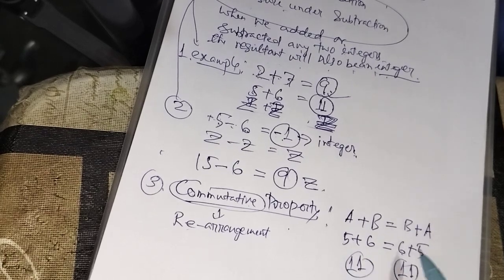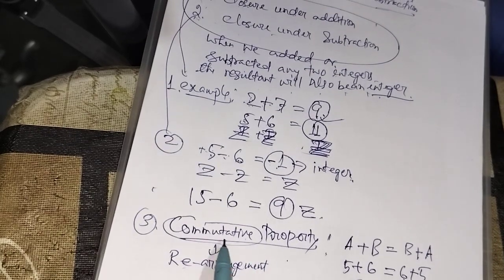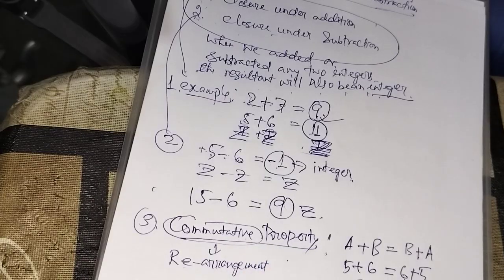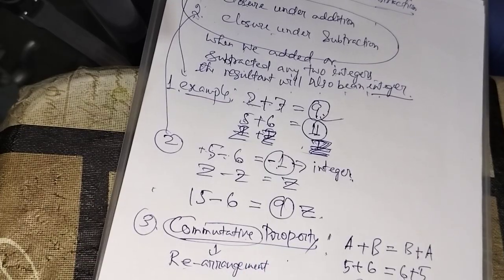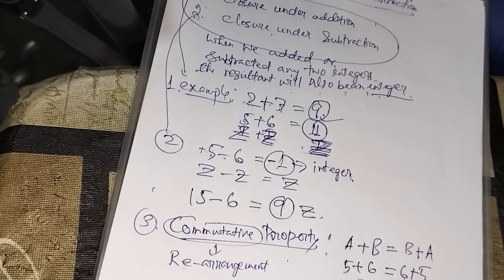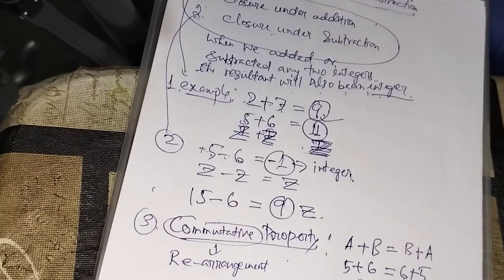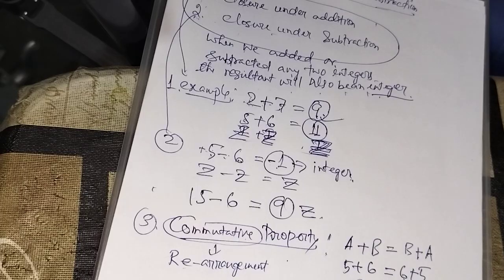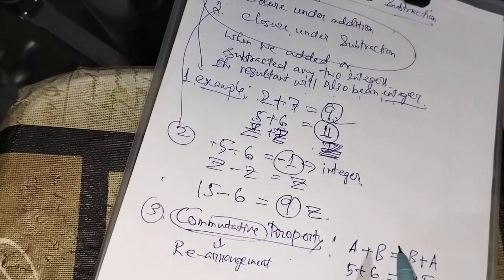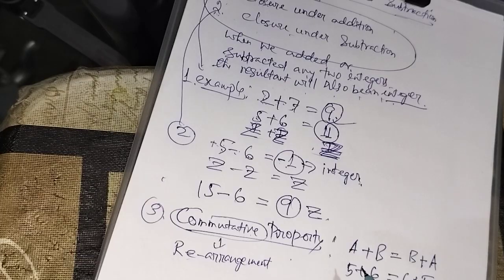So this commutative property says that we can change the numbers in any order.